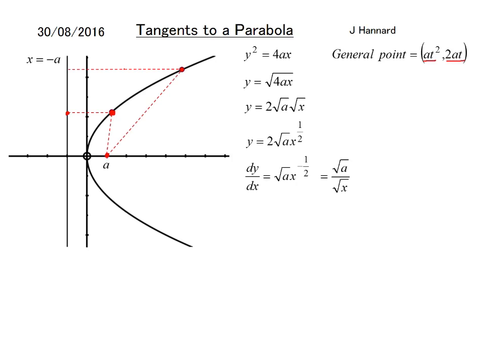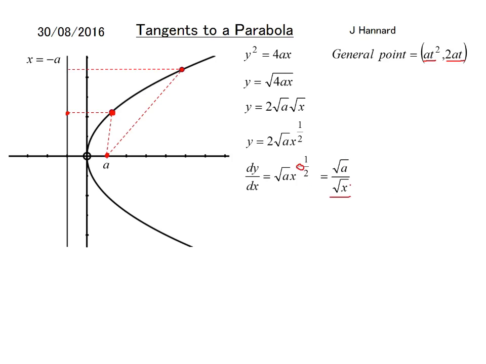That is better known as root a over root x, because x to the minus a half means root x to the minus 1, and to the minus 1 means go underneath. It's all dictated by that minus sign there.